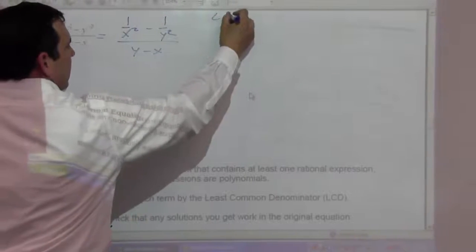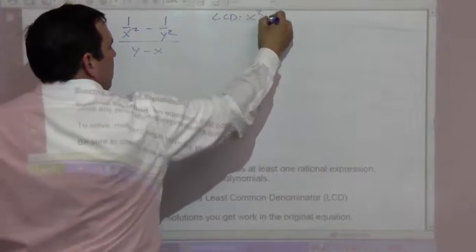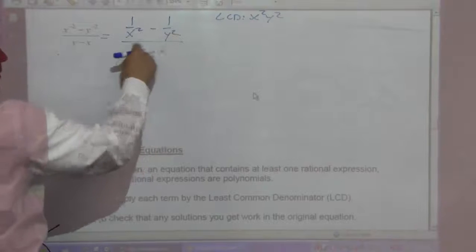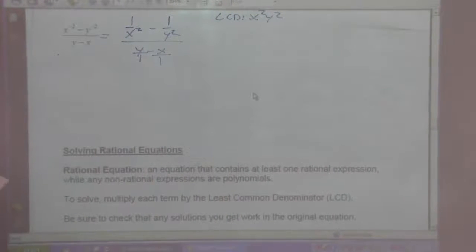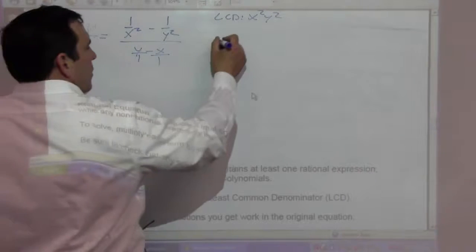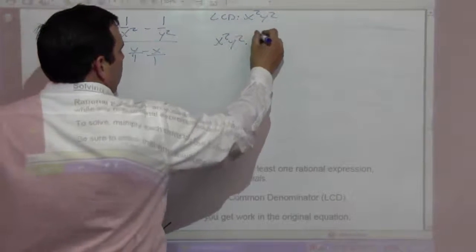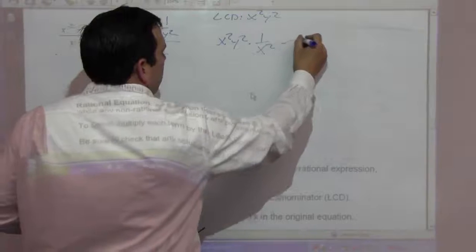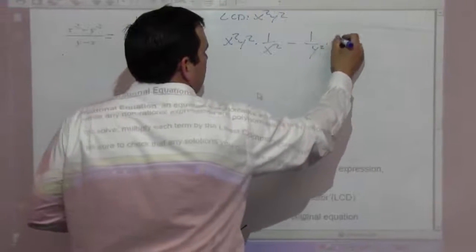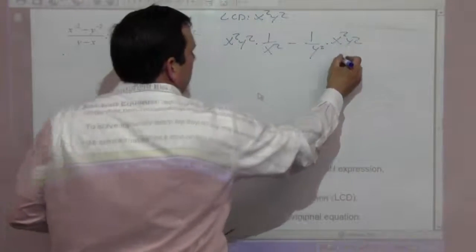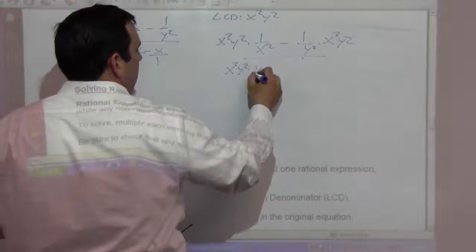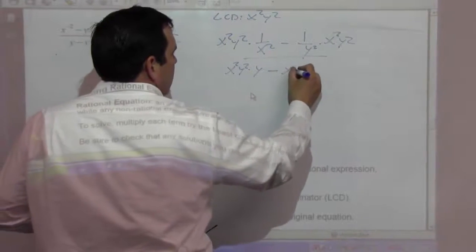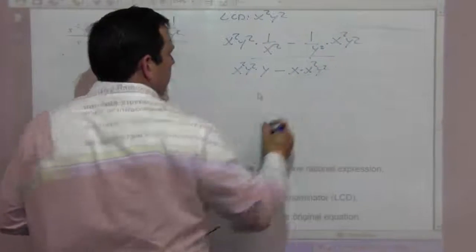So our LCD is going to be x squared y squared, because that would work for all. And this one's really just y over 1 and x over 1. So we'll do x squared y squared times 1 over x squared minus 1 over y squared, over x squared y squared times y minus x.